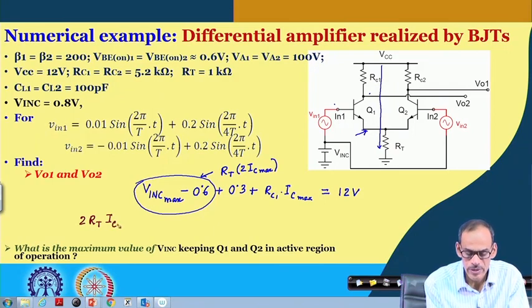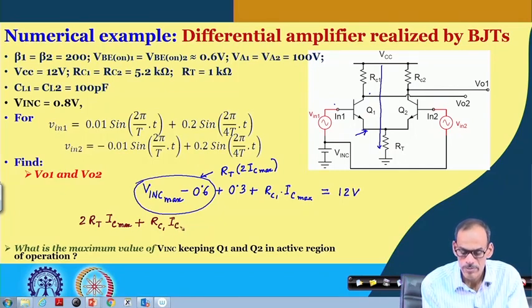So, if I rewrite this equation, what we are getting here, it is 2 times RT into the limiting current IC max plus RC1 into IC max equals to 12 volt minus this 0.3.